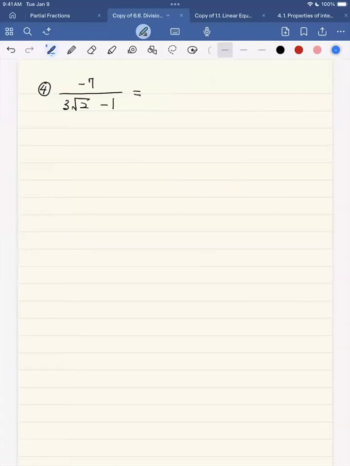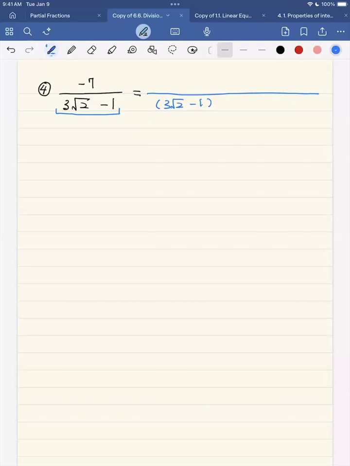The next problem shows the concept of conjugate and how that plays a role. If we multiply by the same number appearing in the denominator, then we cannot remove the radical sign. So instead of multiplying by the same number in the denominator, in this case, the number consists of two terms, 3 square root of 2 and minus 1.